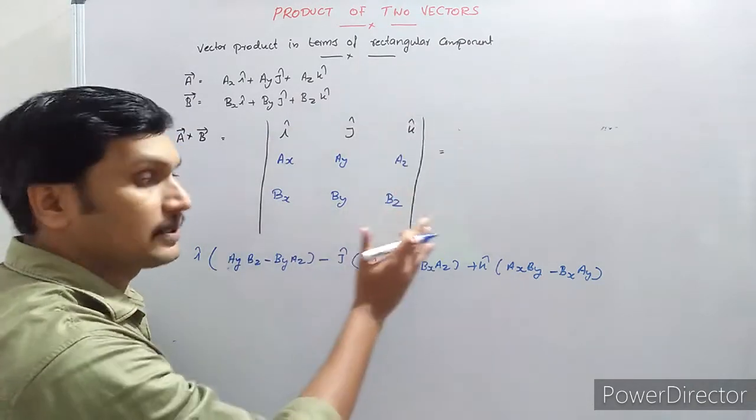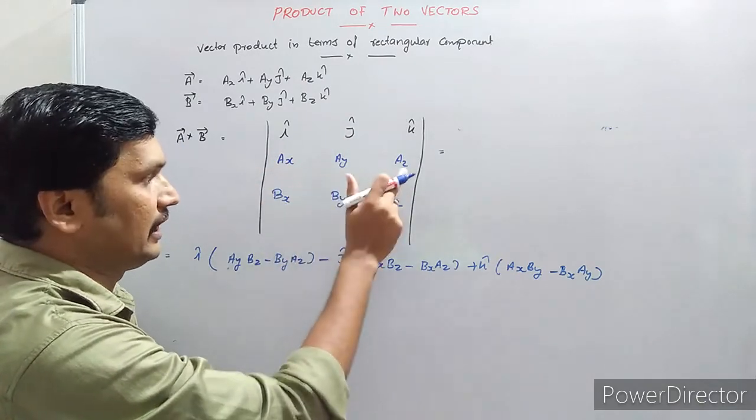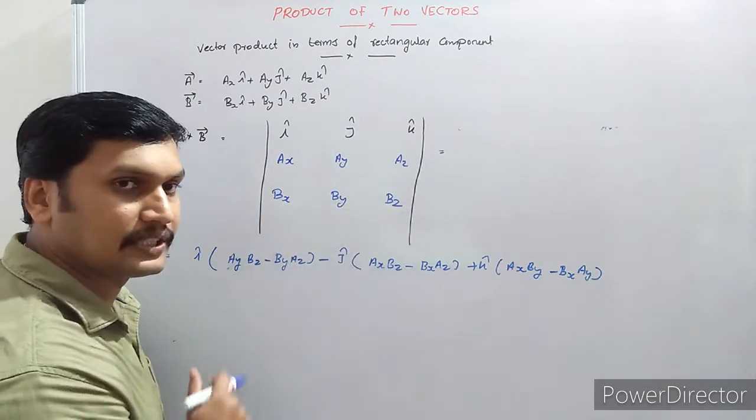Now let us operate it. The determinant has i, j, k, ax, ay, az, bx, by, bz.